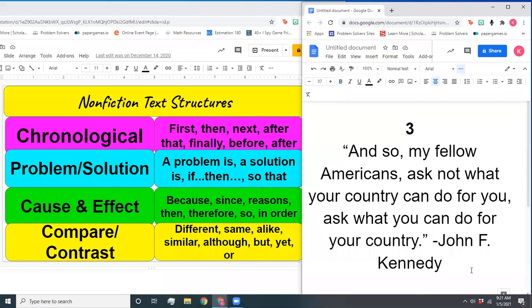And here's number 3. And so, my fellow Americans, ask not what your country can do for you, ask what you can do for your country. John F. Kennedy.